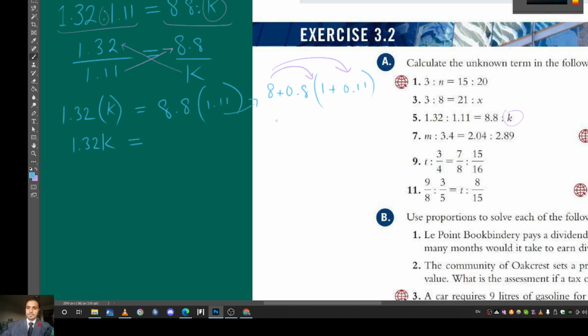So 8 times 1 is 8, whereas 8 times 0.11, I'm not sure what that is. It's 0.88, I believe. Plus 0.8 times 1 is 0.8, plus 0.8 times 0.11, I believe, is 0.088.